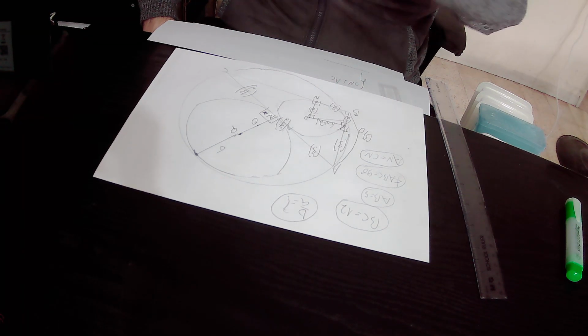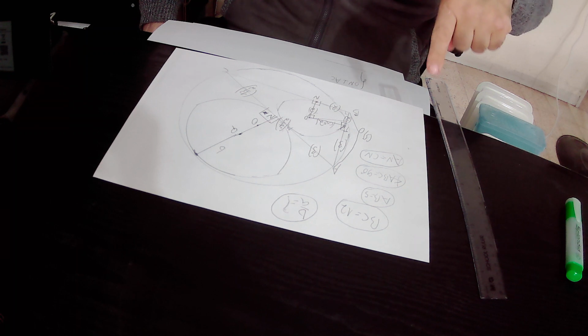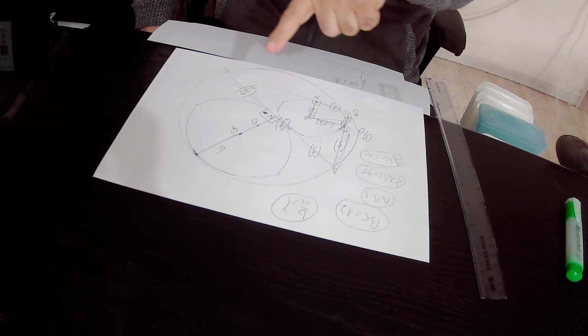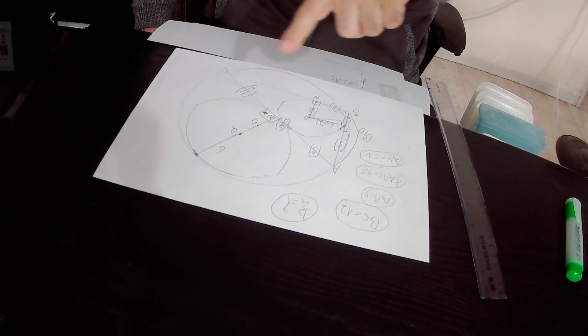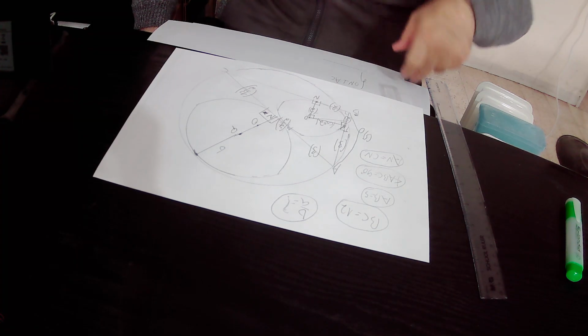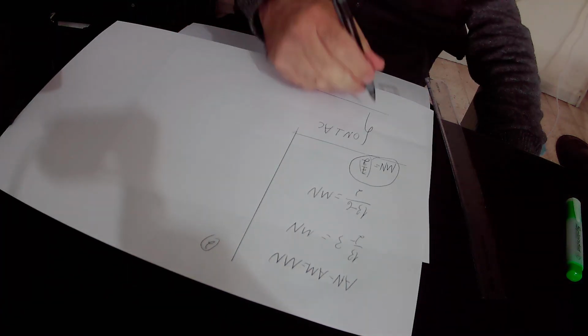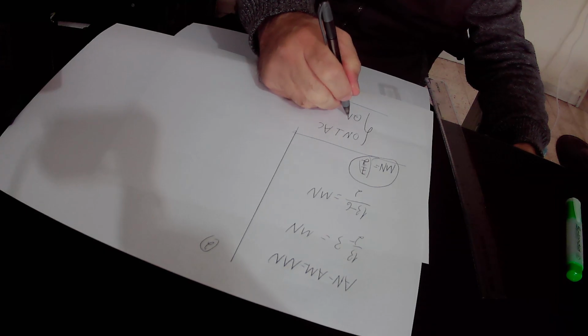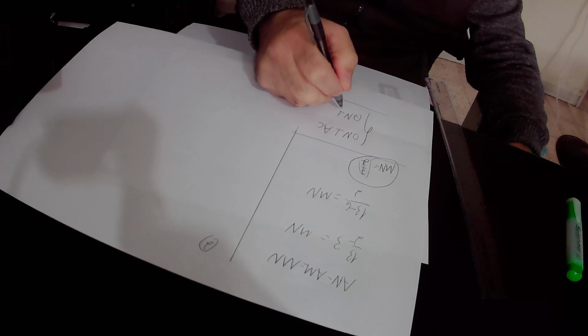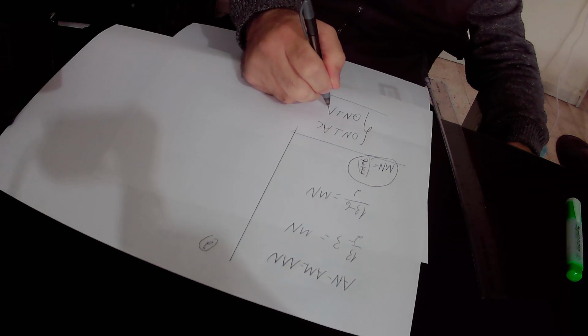And whenever you have a radius that is drawn to the point of tangency, then tangent AC will be perpendicular to QN, or QN is perpendicular to AC. So we can write down that radius QN is also perpendicular to tangent AC.